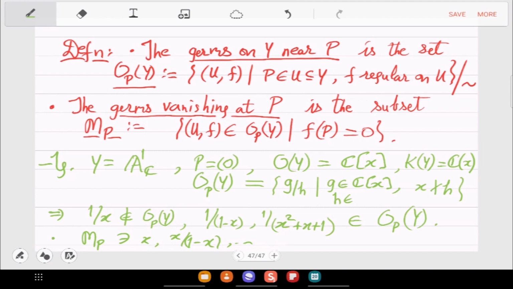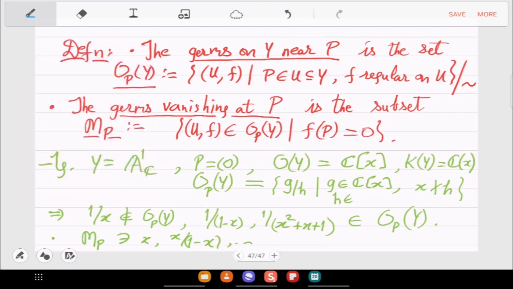Right, because functions which are defined in arbitrary small neighborhoods of P, when you multiply with a function inside MP, then it becomes an element of MP. So that also you can show as an exercise.